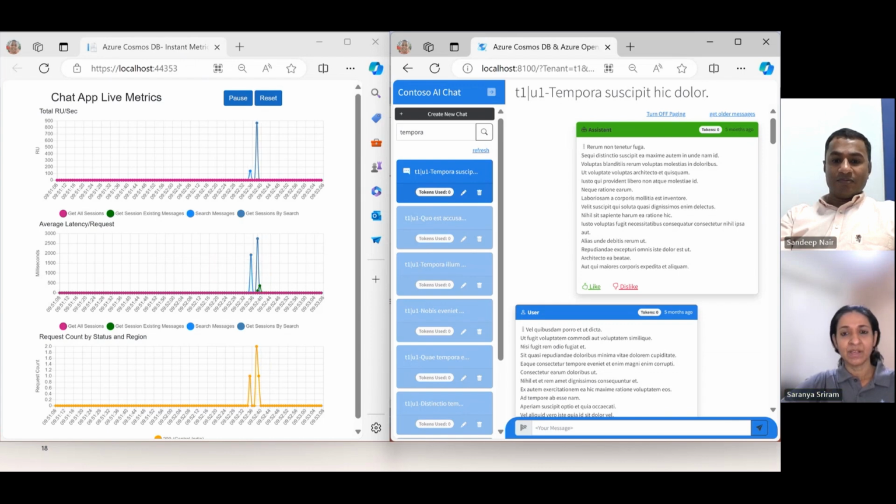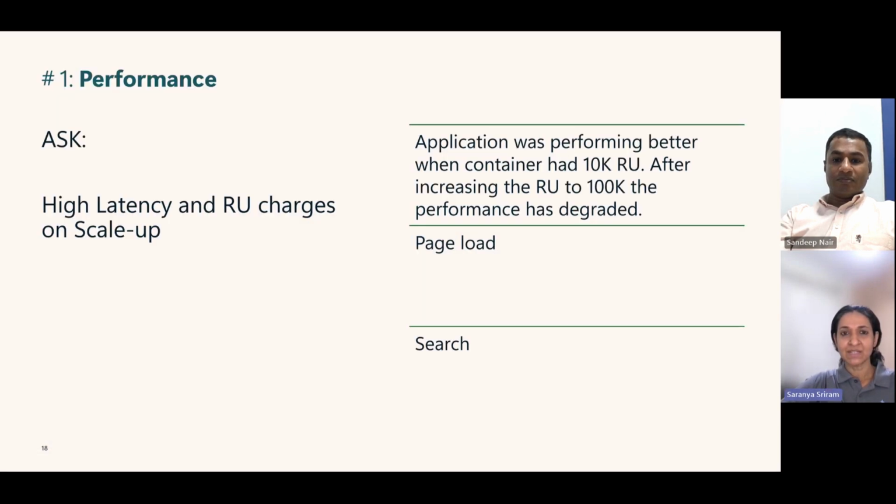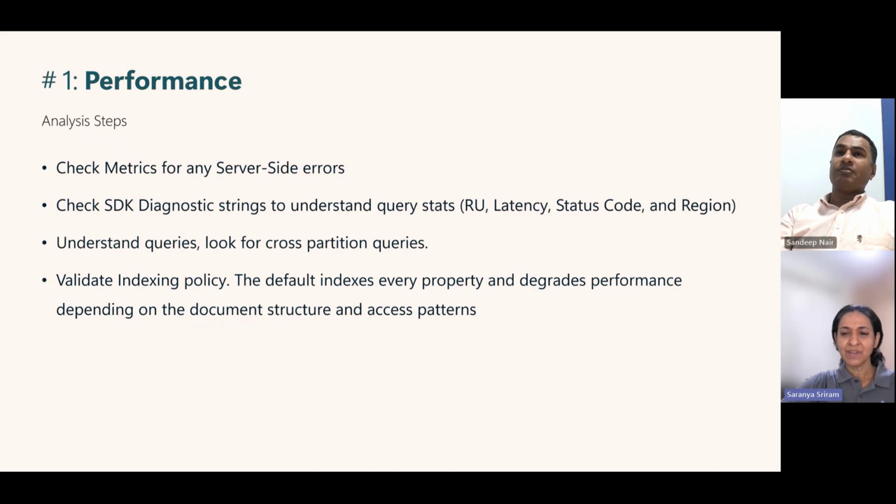So if we go back to the slides for a bit and look at how we analyze these steps, there are certain things whenever we do this kind of troubleshooting that we want to keep a tab on. Definitely check the metrics for any server-side errors. We do collect a lot of diagnostic logs and metrics, so it's quite easy for us to do that. Use SDK diagnostic strings to understand query stats.